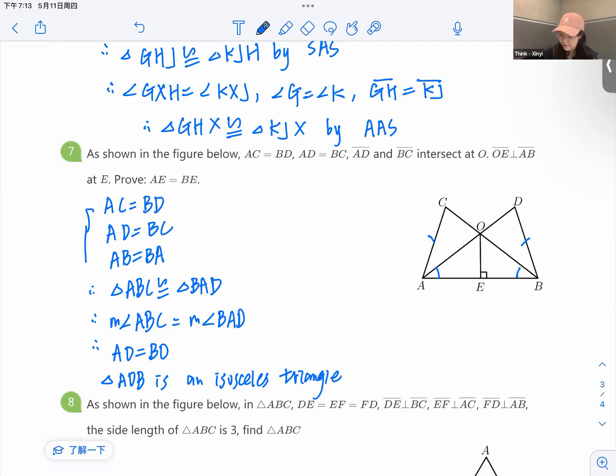And as we have OE perpendicular to AB, we know that OE also bisects angle AOB and E is the midpoint. So that's the basic properties of the isosceles triangle. Therefore, we can have AE equals to BE. Okay, another question to help us review the basic properties of the isosceles triangle.